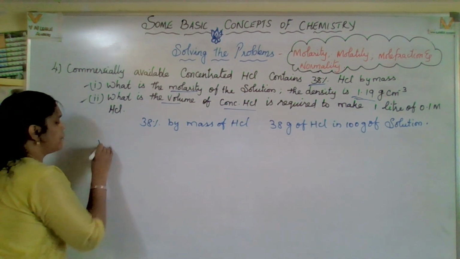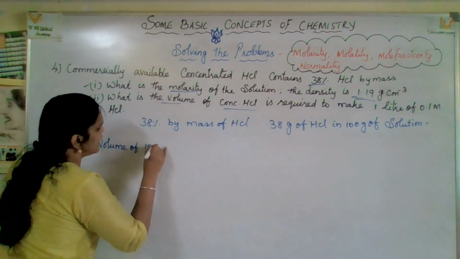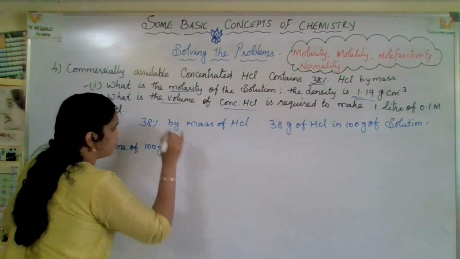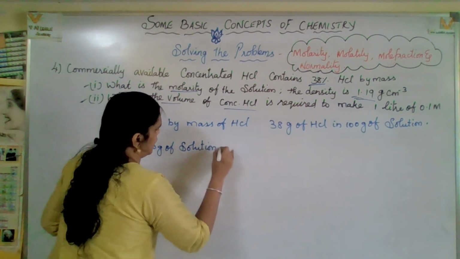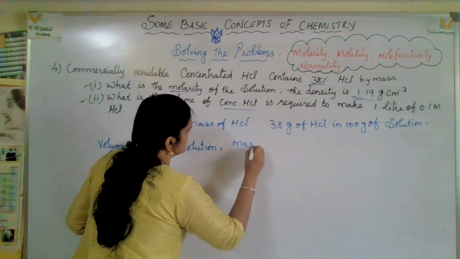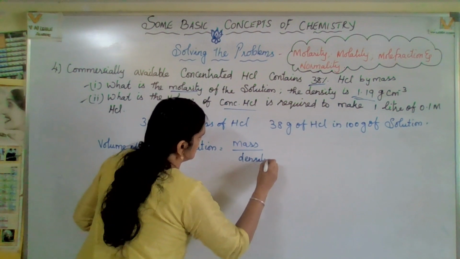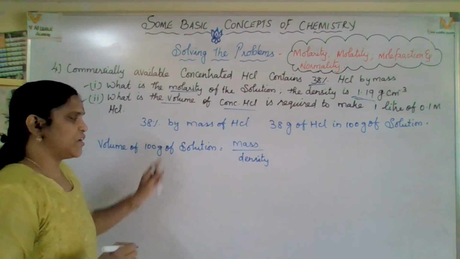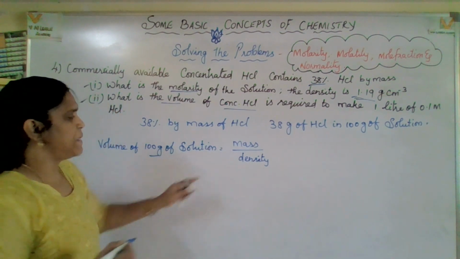So volume of 100 gram of solution equals mass by density. Density equals mass by volume, so volume we required is mass by density.